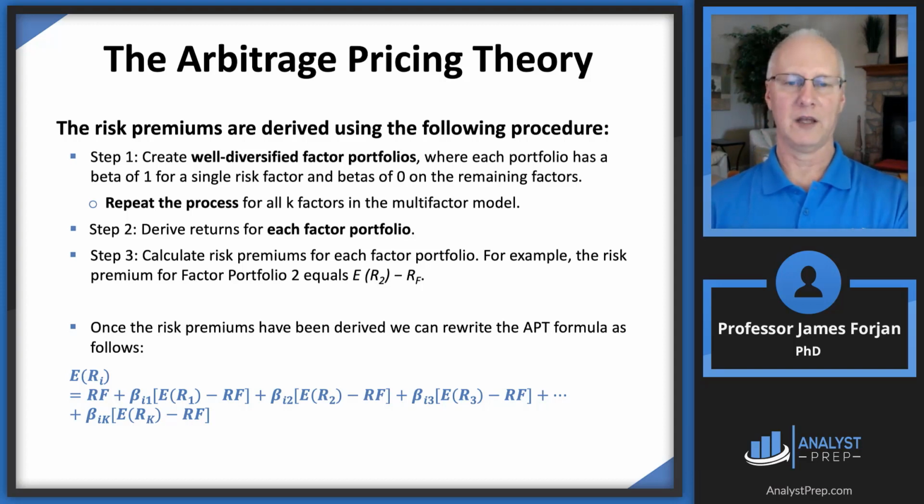And there's the expected return on factor 1 minus the risk-free rate of interest. Those are market risk premiums. Now, the problem with the APT is that it never really identifies which are the relevant risk premiums.